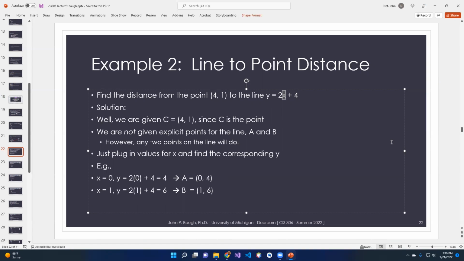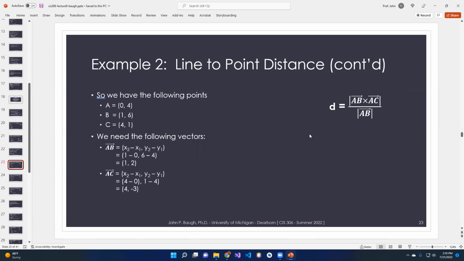So that you can then do what we did in the previous example, which was find the vectors from 2 points. So here we just found the points, the 0, 4, and the 1, 6, and we were already given this 4, 1, which is our C value, because that's the point not on the line. So we have the points, and then we had to find these corresponding vectors AB and AC because they're the only two used in this particular formula.